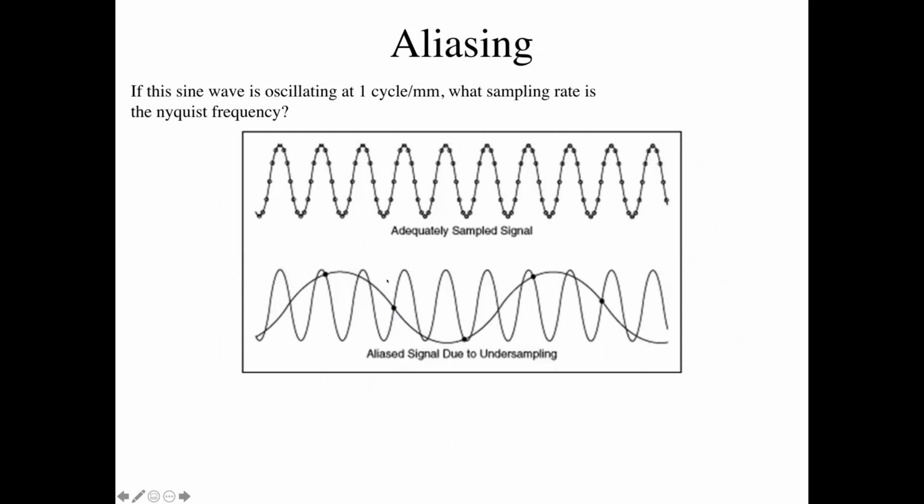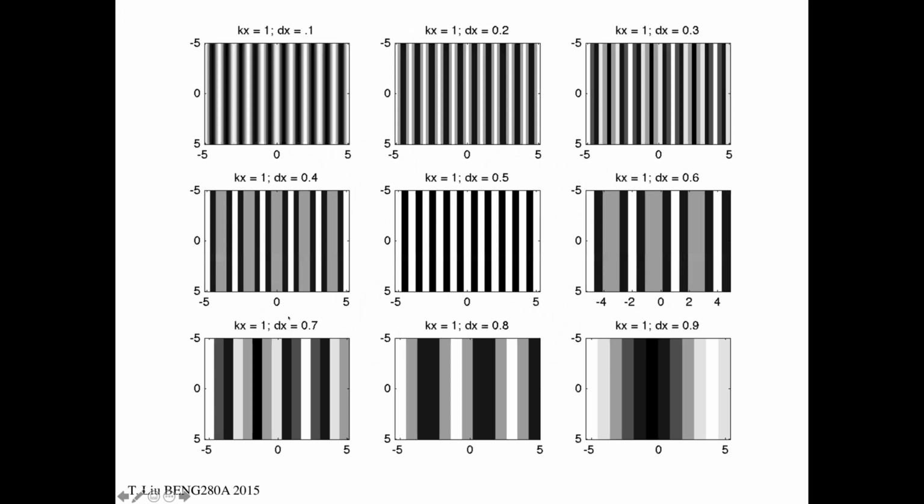When the delta x is this far apart, this frequency is pretty well lost, and what's happening is if you look in the Fourier space, you're going to overlap considerably with this spatial frequency and this spatial frequency. Okay? We can look at a pictorial example of this kind of sampling.